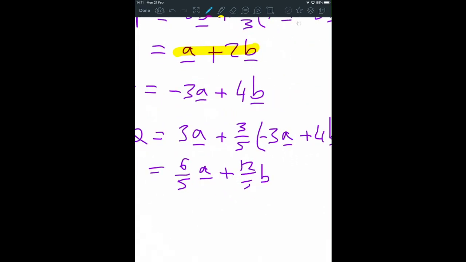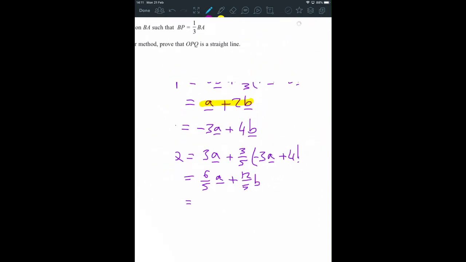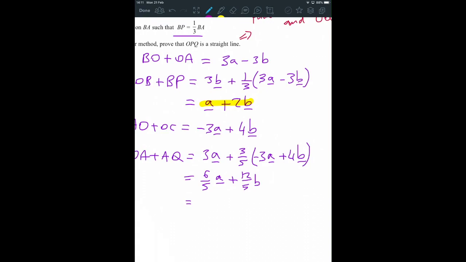I've got both of them, but I need to show that they're the same direction. For vectors to show they're the same direction is to show they're simply a multiple of one another. Factoring out 6/5, I get A plus, 12/5 factored out by 6/5 is 2B. Oh look, there's the A plus 2B that we had up here. So that's 6/5 of OP.